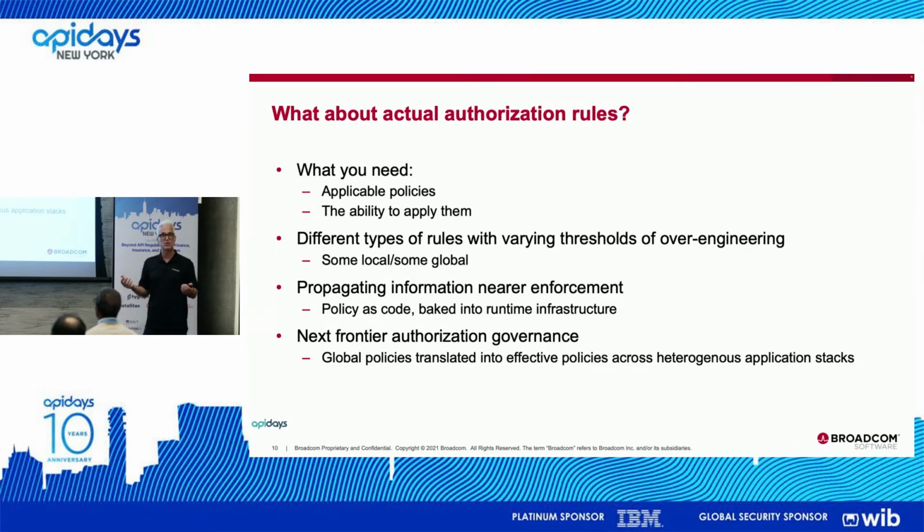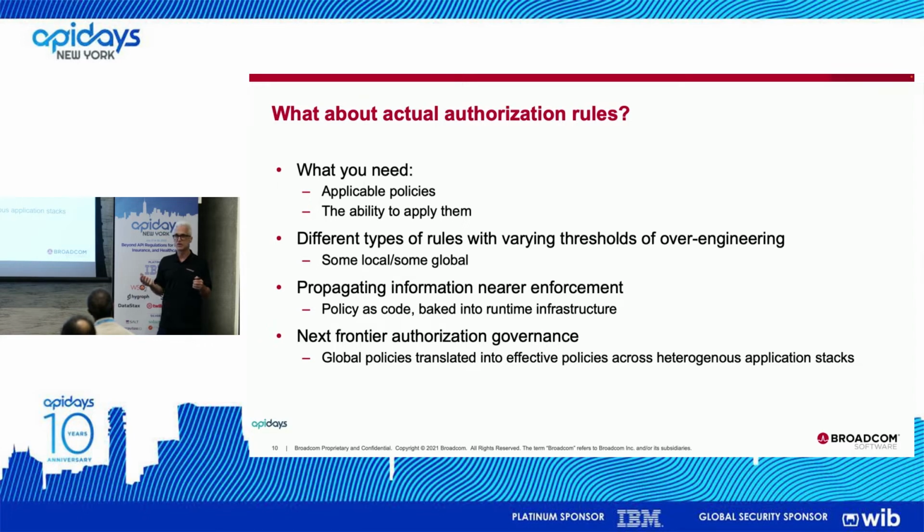So in the case of policy, policy as code is the way to go, where there's a source of truth that your runtime enforcement subscribes to, and that gets baked into your runtime infrastructure. And I think what the next frontier is, in terms of what I call authorization governance, is global policies that are translated into effective policies that get distributed across your heterogeneous application stack.